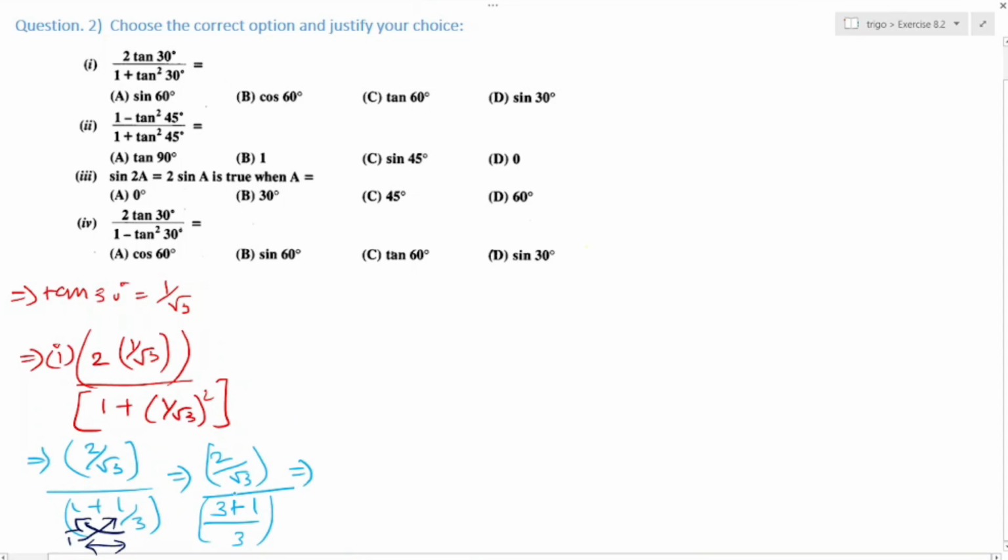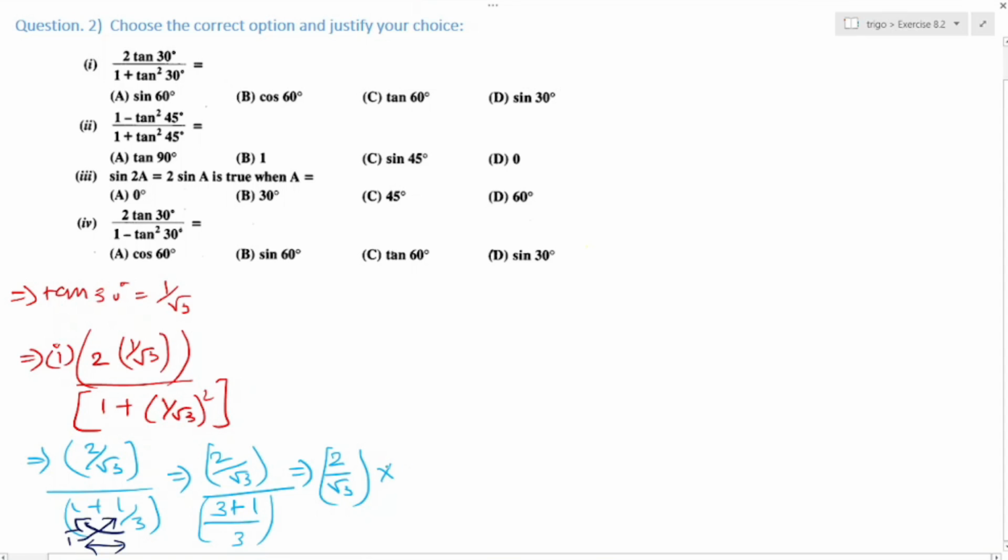Now what we have to do, we just have to do this 2 upon root 3 as it is, and now we just have to divide these two things. We already know a law which states that if we have to divide two fractions, we can also multiply by the reciprocal. So 3 plus 1 is 4, so it is 4 upon 3 basically.